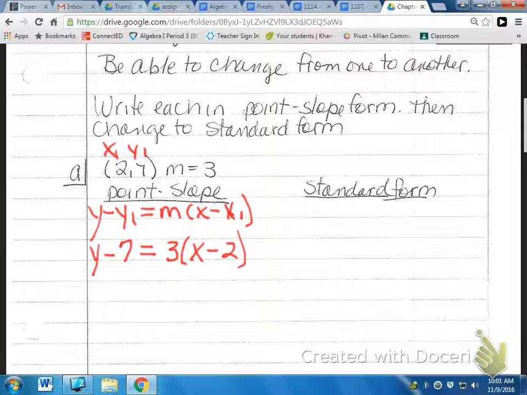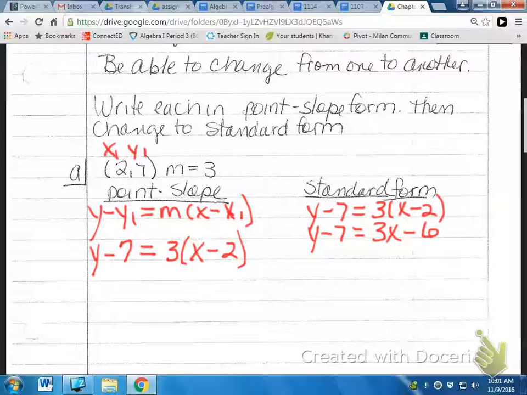Now, standard form. You take what you have, y minus 7 equals 3 times the quantity x minus 2, and you have to transform it to ax plus by equals c. First step, distributive property: y minus 7 equals 3x minus 6.